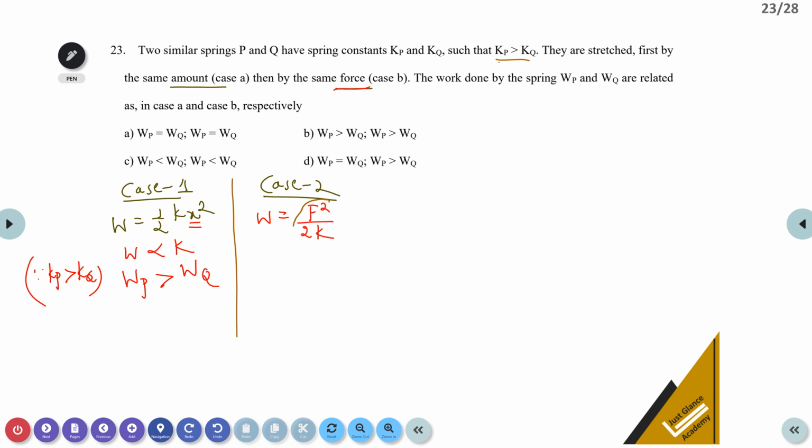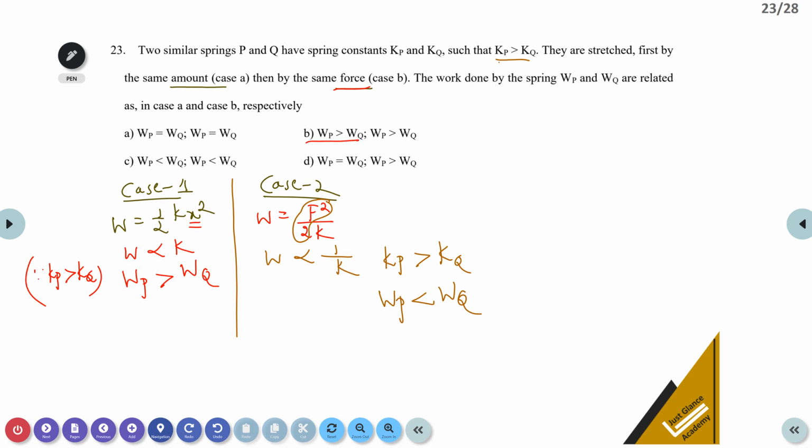Here F is constant and 2 is constant, so W is directly proportional to 1 by K. Since Kp is greater than Kq, therefore WP is less than WQ. See which one is the right choice.